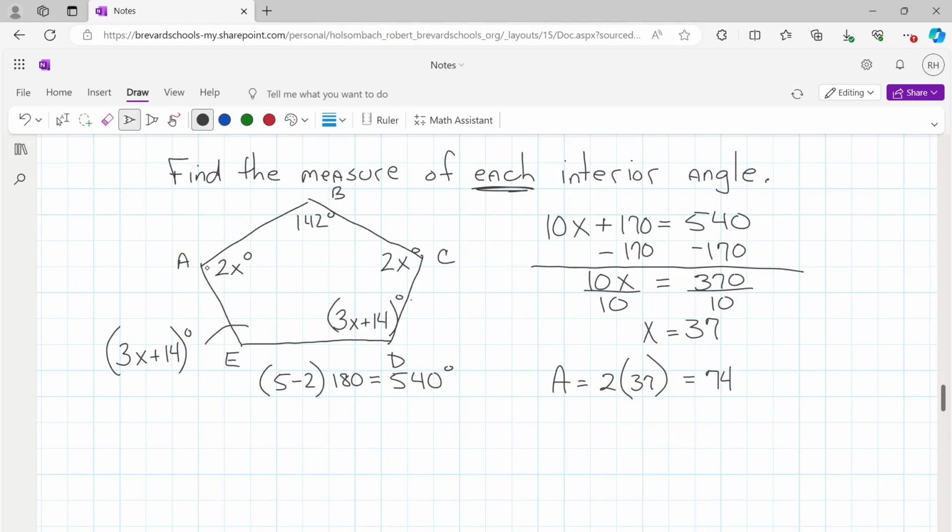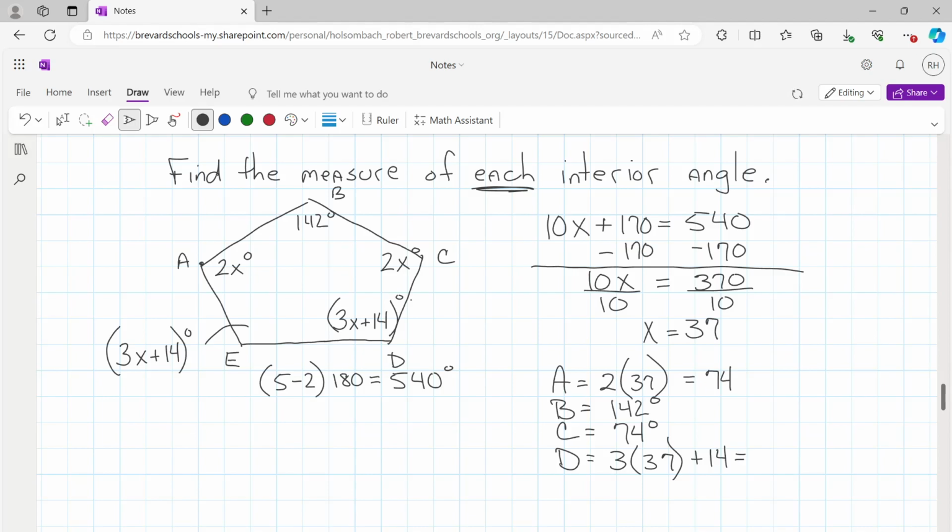And going around, I'm going clockwise around this shape. We already know angle B, 142. Angle C was the same as angle A, so it's 74 degrees. Angle D, all right, we got 3 times 37 plus 14.